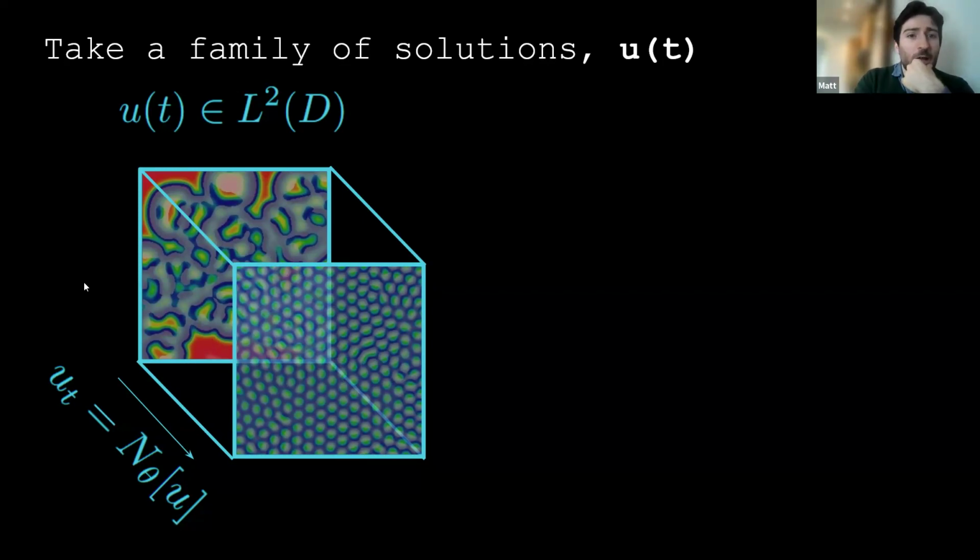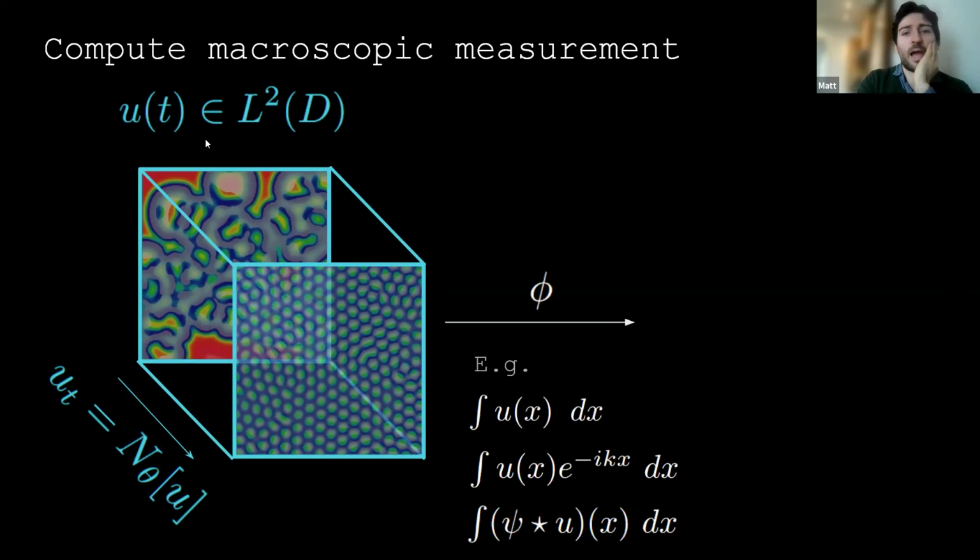And now what we want to do is we sort of want to forget about this high-dimensional stuff, which obscures the mechanism giving rise to spottiness. And we want to only compute some macroscopic measurement which picks it up, like feature detection. And again, as I said, we have some flexibility here.